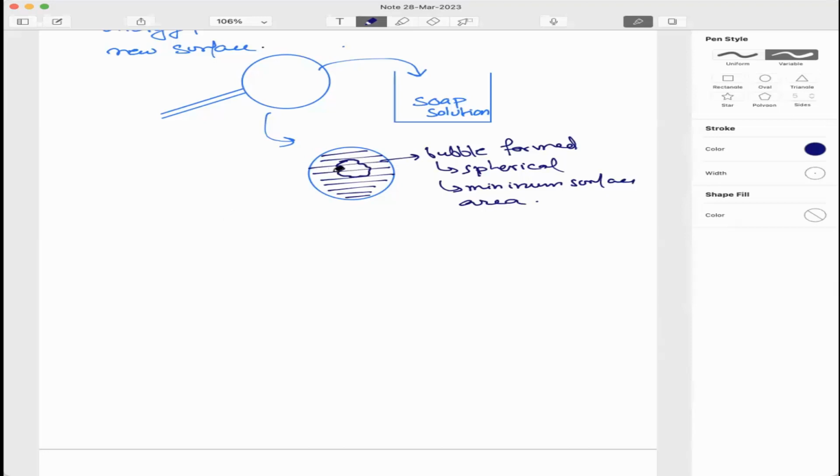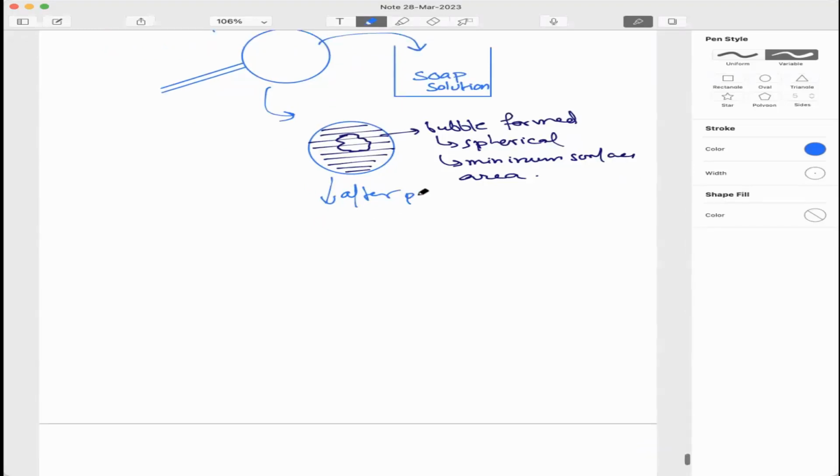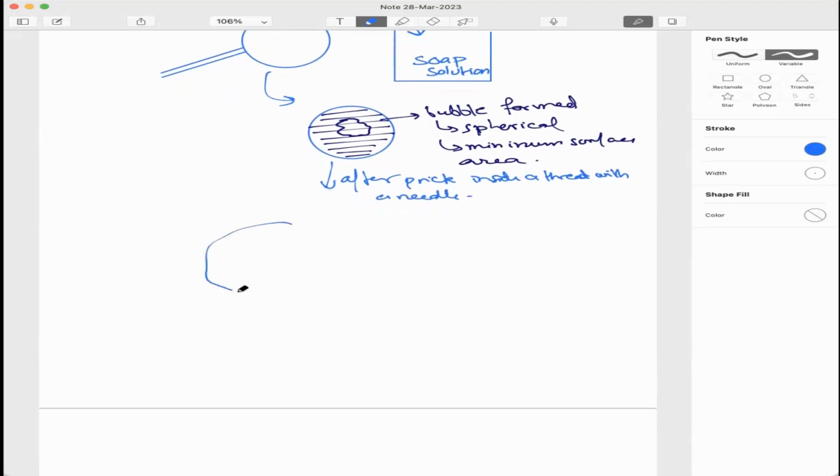The thread will sit over this film, and nothing will happen. But if you prick inside the thread with a pin or needle, what will happen?